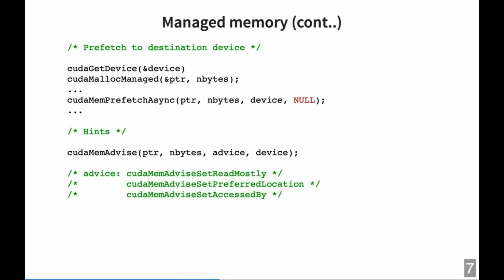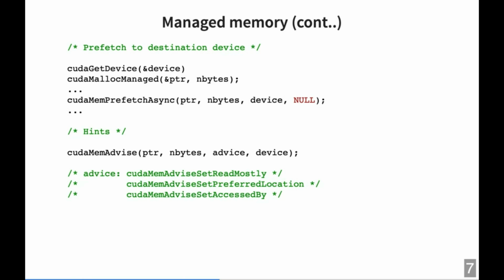So if you as the programmer have allocated some managed memory and you perhaps initialize it on the host, and you know that at some point in the future this is going to be required on the device, you can issue this asynchronous prefetch via cudaMemPrefetchAsync, and this is saying I want so many bytes at that address to be transferred to the device there.